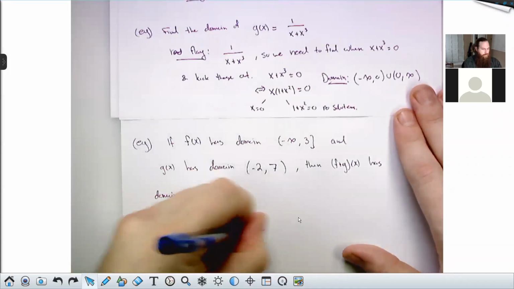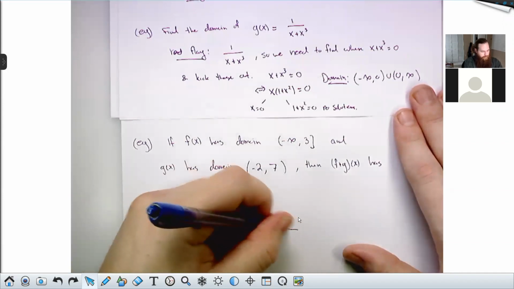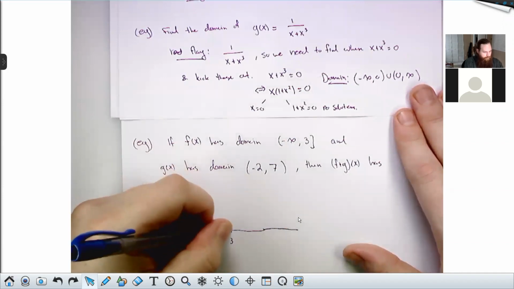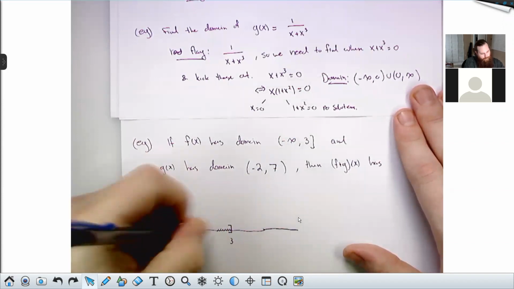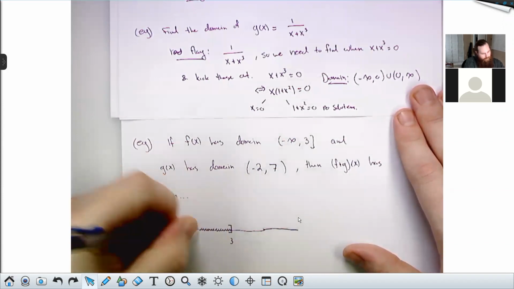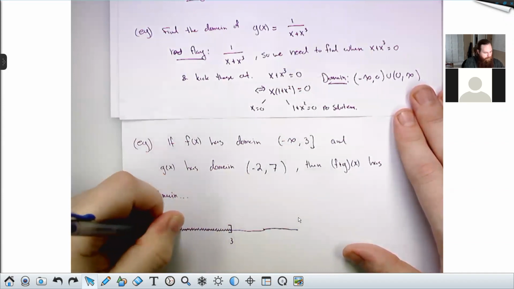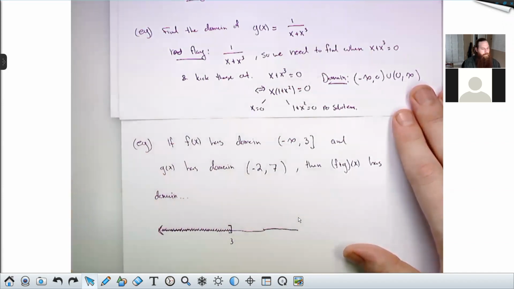So here's negative infinity up to 3. Okay, I'll put 3 right here. So negative infinity up to 3 looks like this, and it goes on and on and on forever that way.